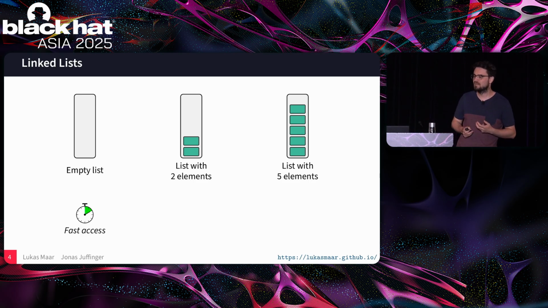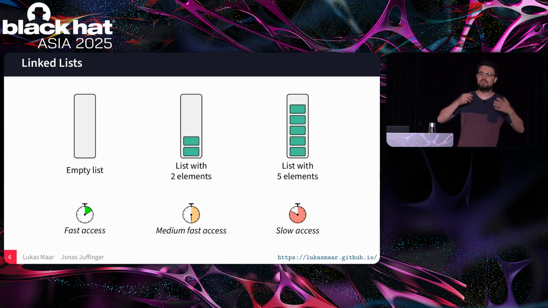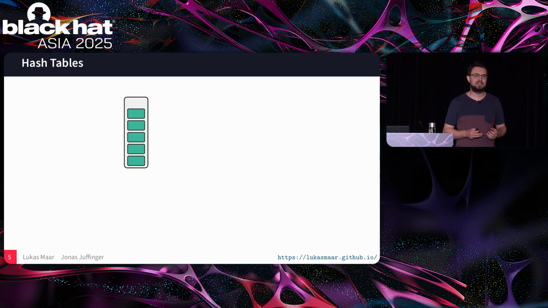There are no elements in it. But to go through a linked list, one has to iterate over all objects. So if there are more elements in a linked list, it takes longer and longer to iterate over the linked list. And this is also a problem, because if we have a linked list with a lot of elements, it's slow to go through it. And we want our kernel to be fast, obviously.